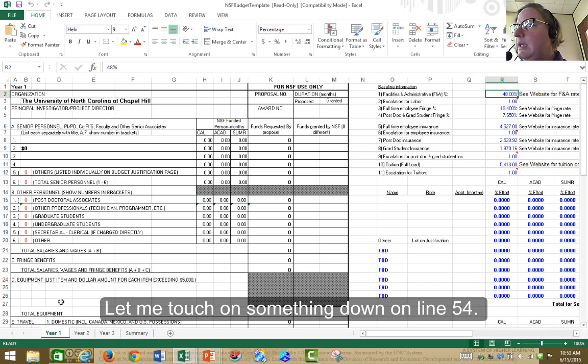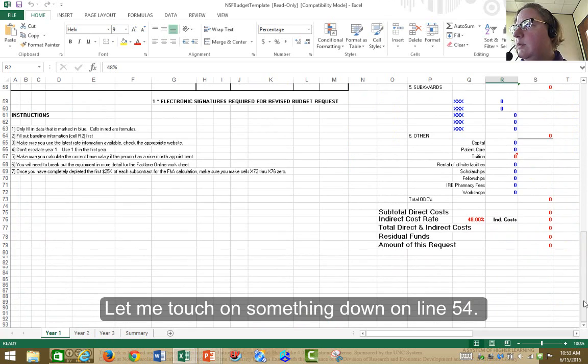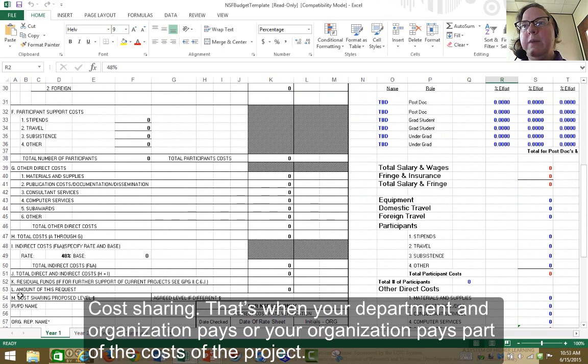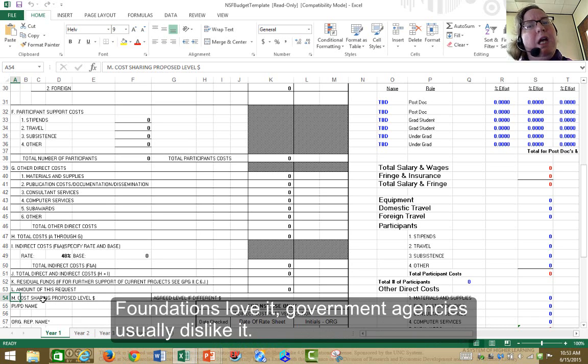And let me touch on something down on line 54. Cost sharing. That's when your department pays, or your organization pays, part of the cost of the project. Foundations love it.